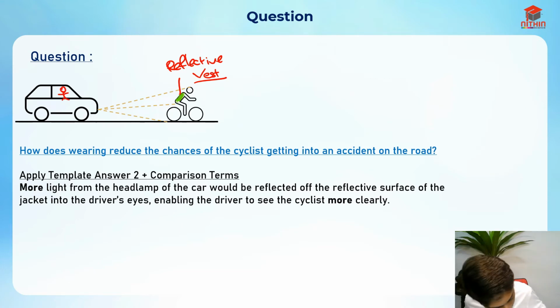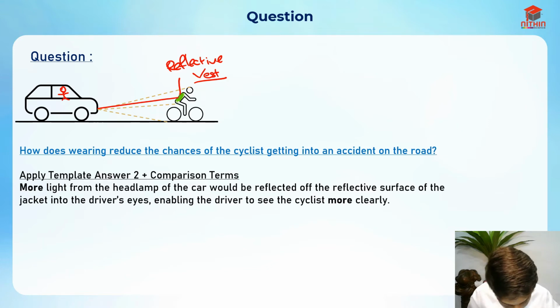The light travels to the vest, and then from the vest it goes into the driver's eyes. So this is how we show it.